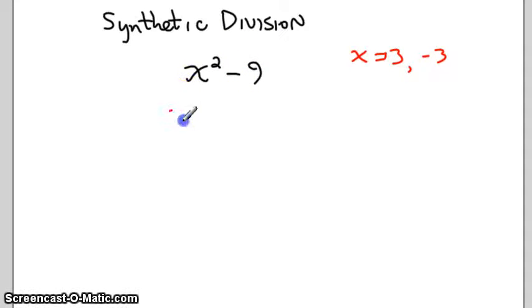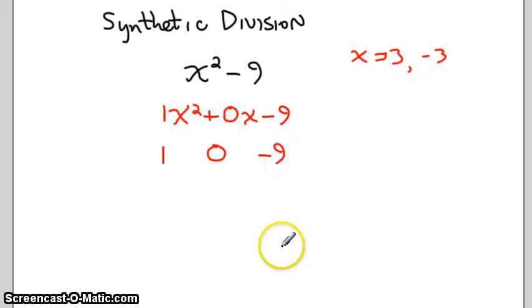And so I want to think about this polynomial as x squared plus 0x minus 9. The reason is because I have to account for this term in the synthetic division. So I can put my 1 here and bring down my coefficients, and you notice that I have to include that 0 here, otherwise this will not work. I'll put my divider over here.